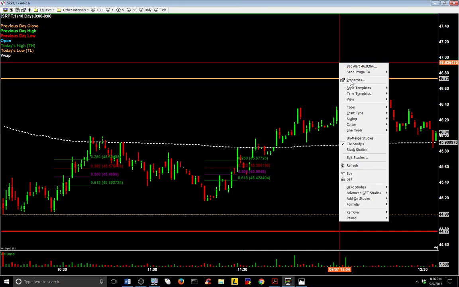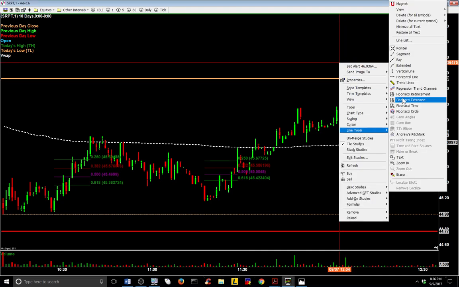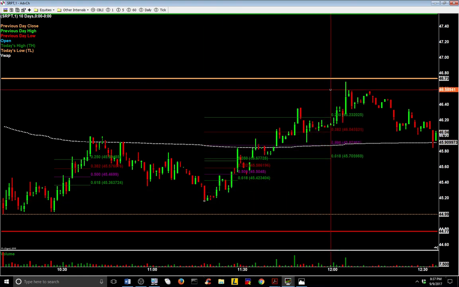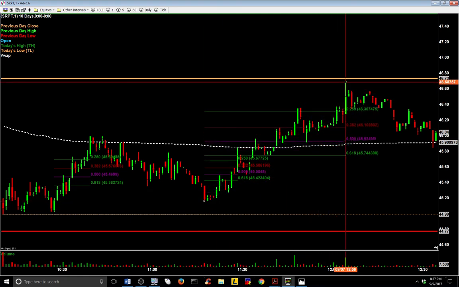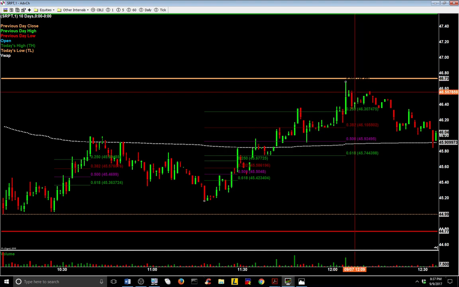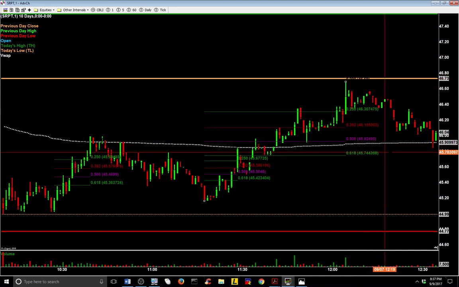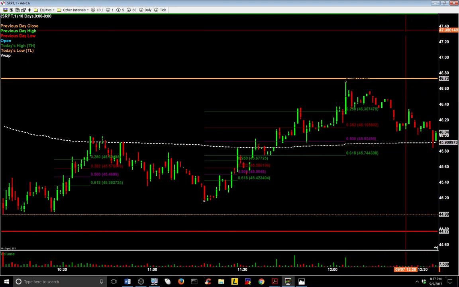Let's draw it. Previous low, to the G2C target. Target entry would be just below the previous day's close, which was 46.73.